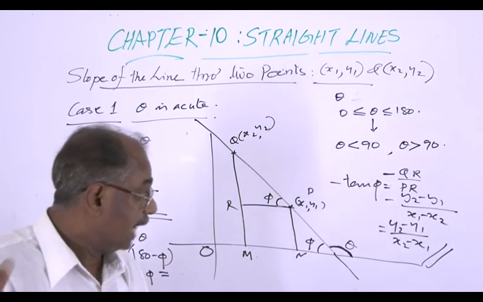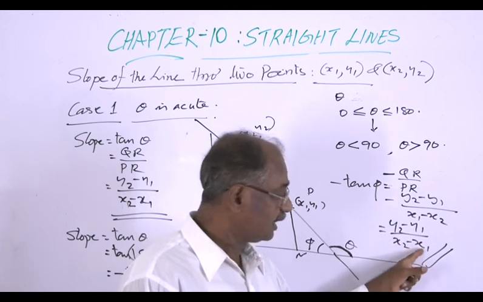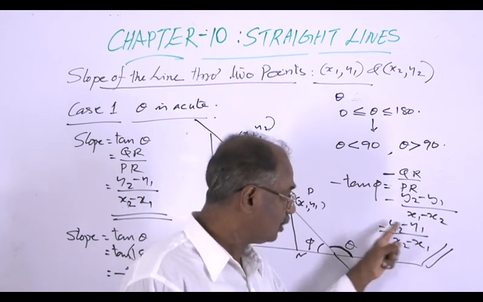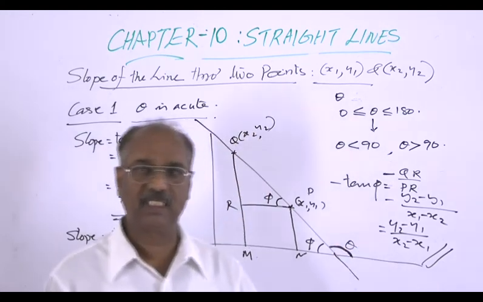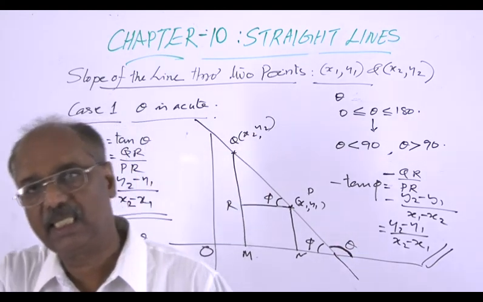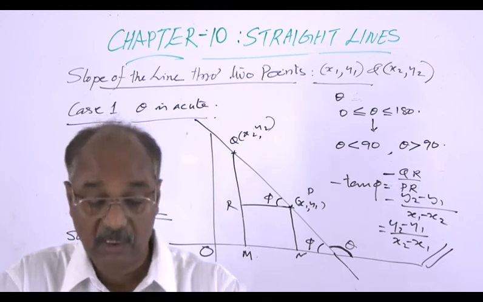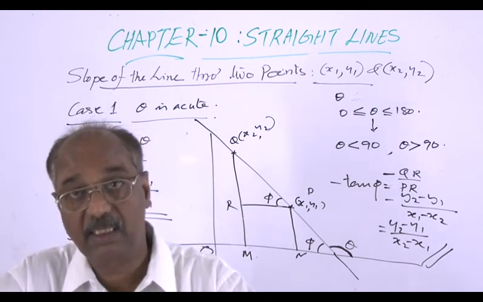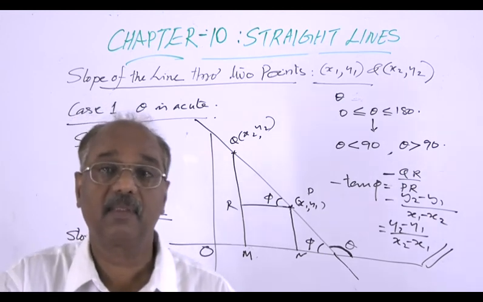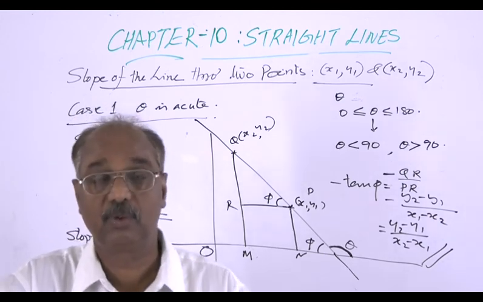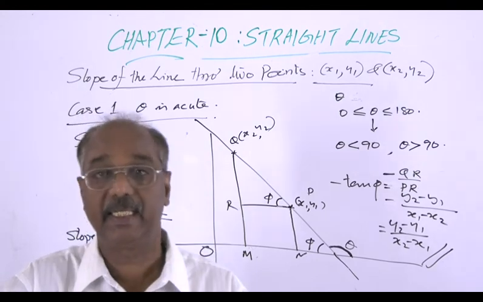And this can also be taken as y1 minus y2 by x1 minus x2, meaning we can choose any point as x1, y1 and the other as x2, y2. The difference of the y coordinates divided by the difference of the x coordinates in the same order gives the slope of the line, and that's all.